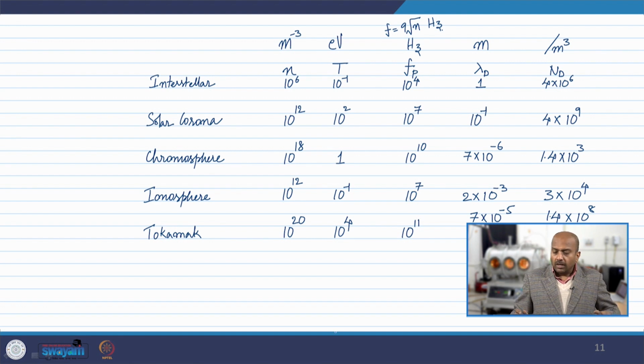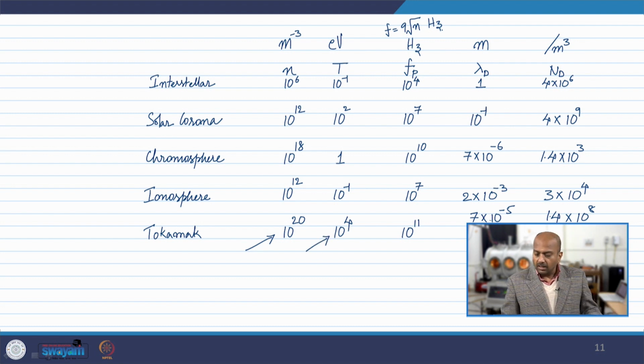So, these are all you can calculate using the formula yourself and get the same values, right. But I am trying to make a point here. The point is, you see, the densest plasma is 10 to the power of 20 per meter cube, which is very, very dense. Its temperature is also very high, right.